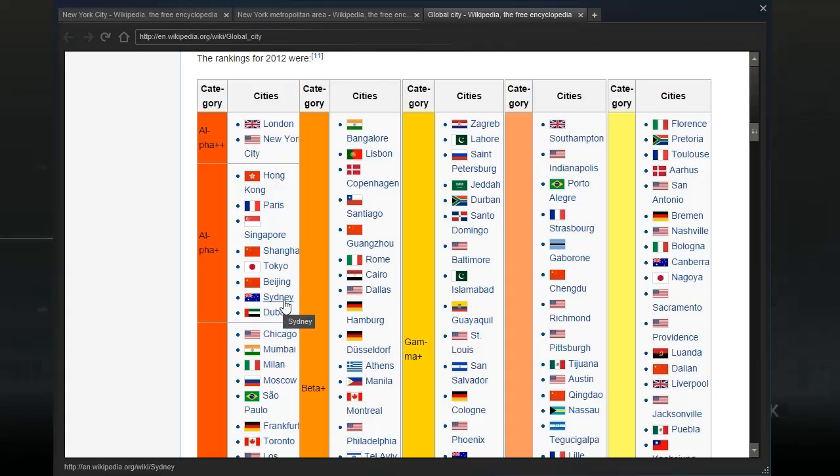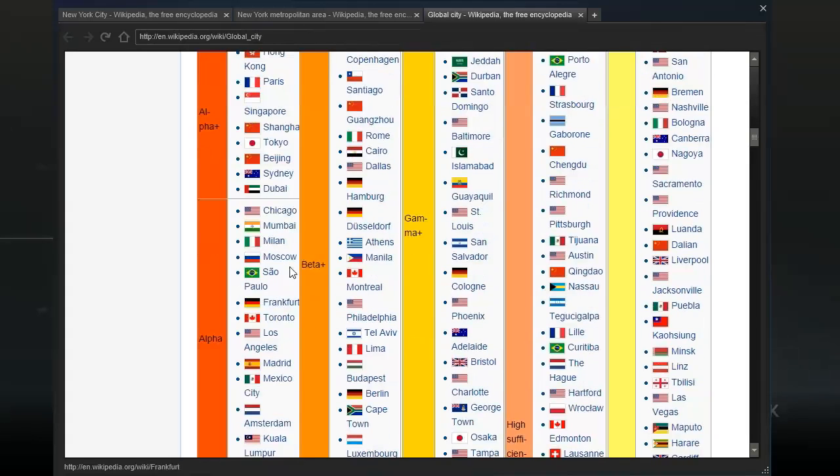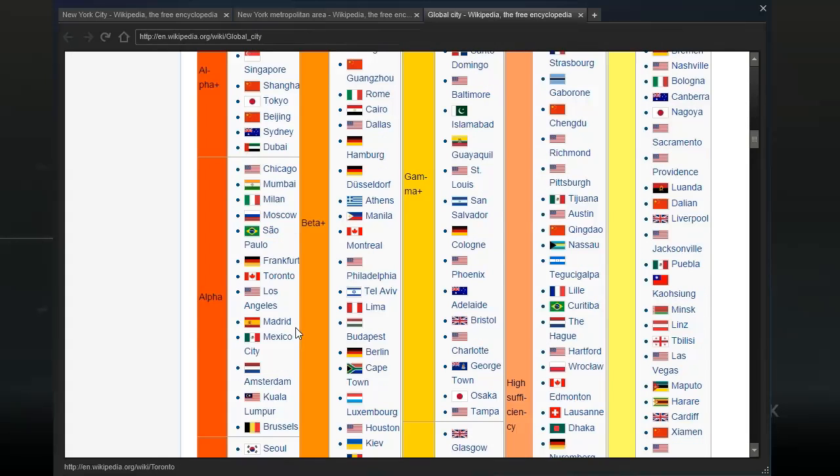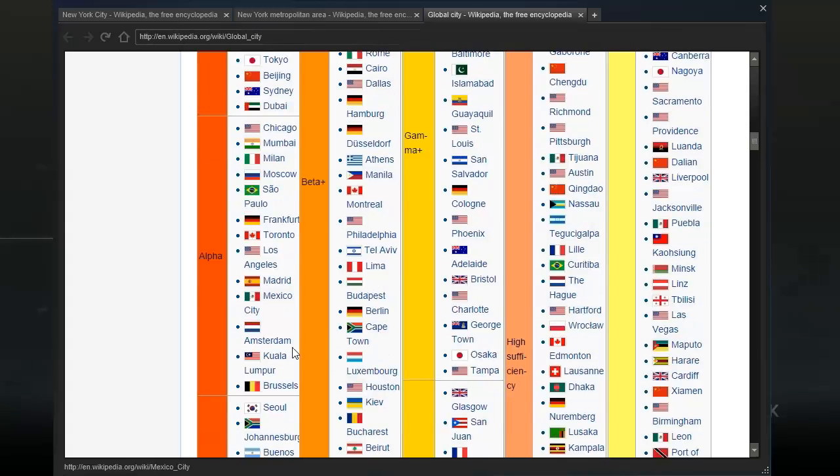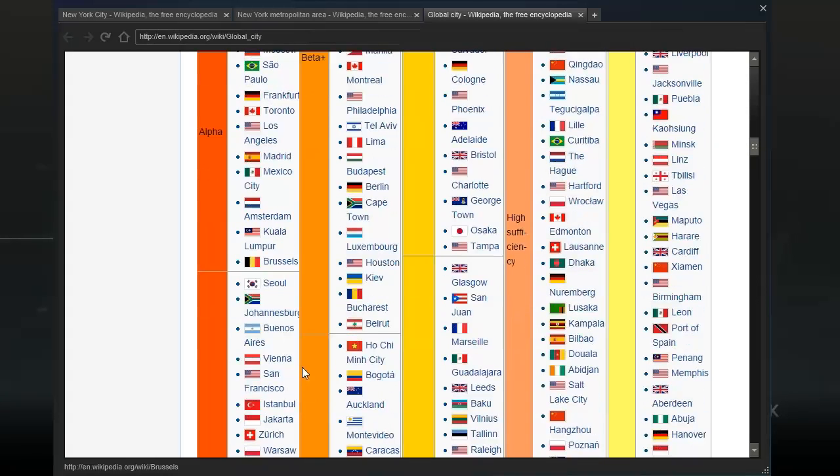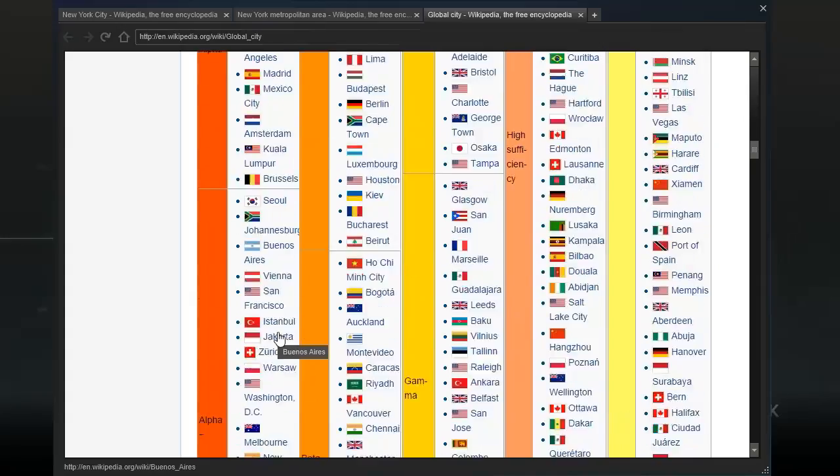Interesting that Sydney is there as well. Not sure about that one. Followed by Chicago, Mumbai, Milan, Moscow, Sao Paulo, Frankfurt, Toronto, Los Angeles, Madrid, Mexico City, Amsterdam, Kuala Lumpur, and Brussels. I don't know about this ranking.